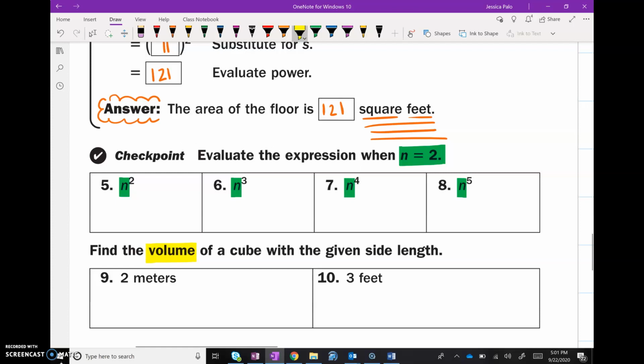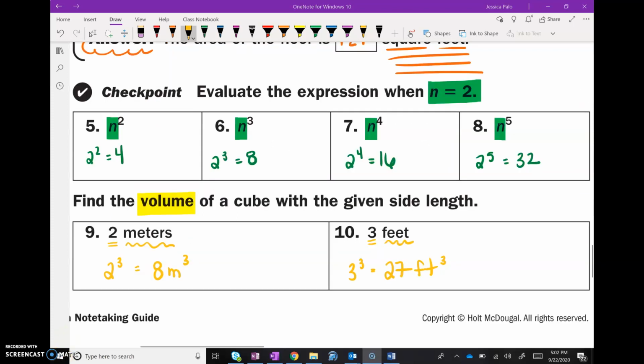This cube has side lengths of 2 meters, and number 10, the cube has a side length of 3 feet. Don't forget your units. And here are your final answers.